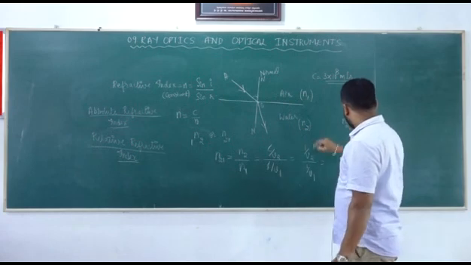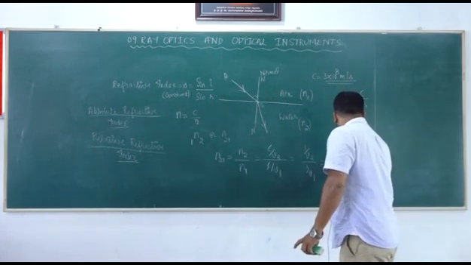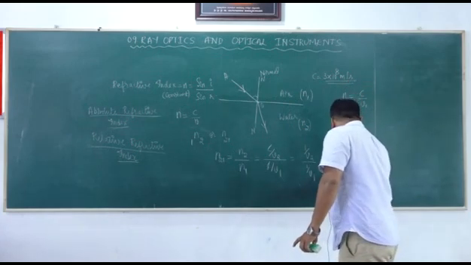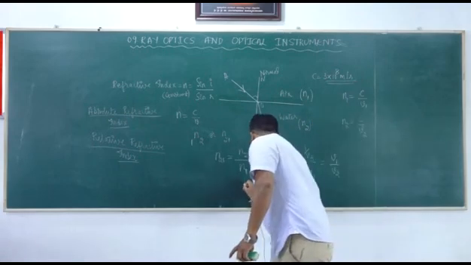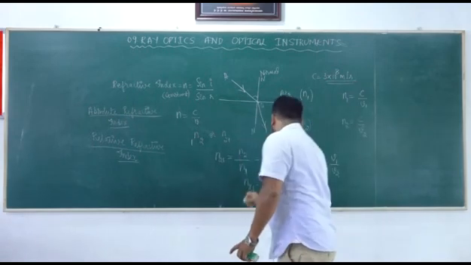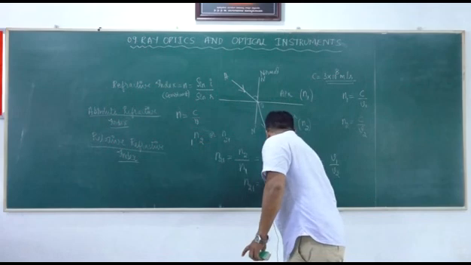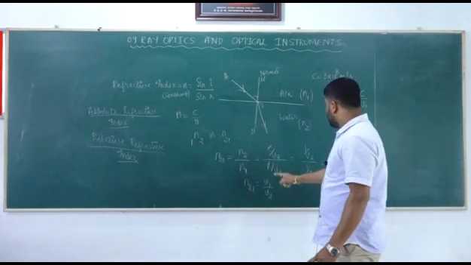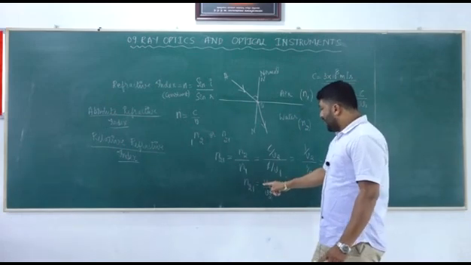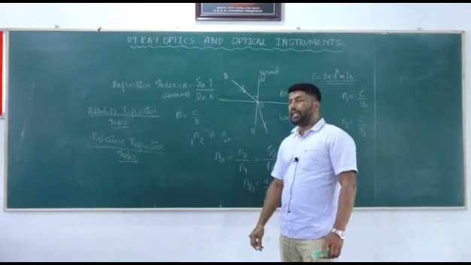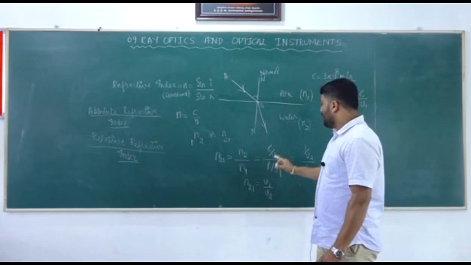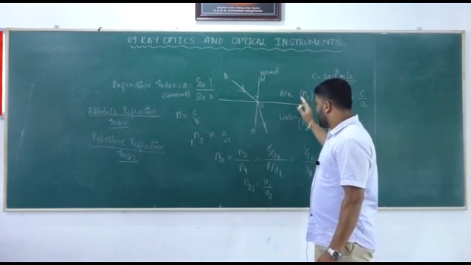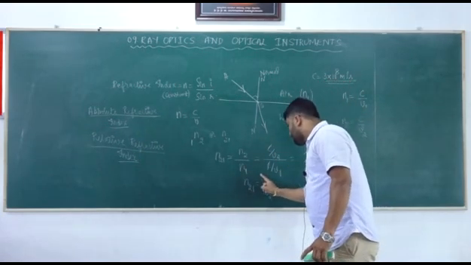Therefore v1 goes to the numerator, and it becomes v1 by v2. So n21 is equal to v1 by v2.